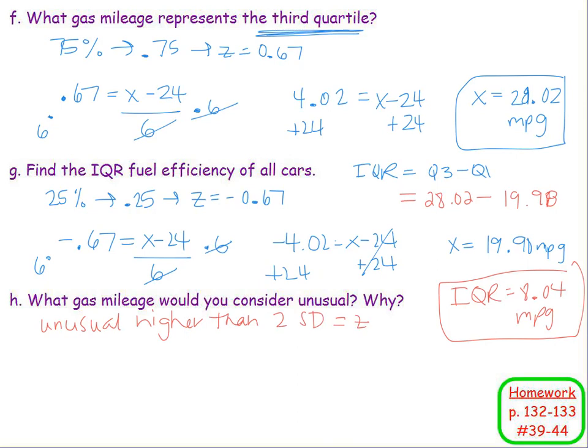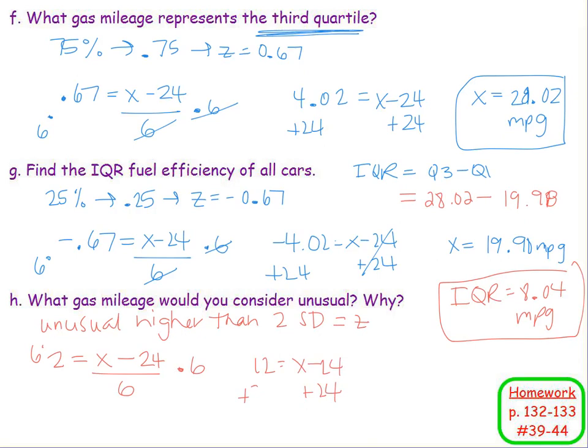So all we have to do is take 2 and translate it back to an x value. So 2 is my z-score. Don't know x. The mean is 24. The standard deviation is 6. Multiply both sides by 6. 6 times 2 is 12 equals x minus 24.